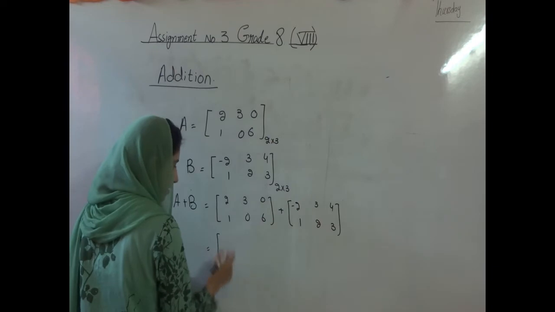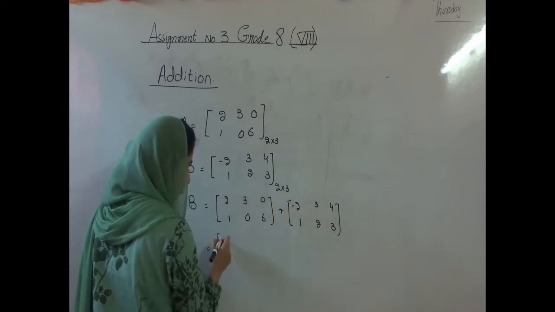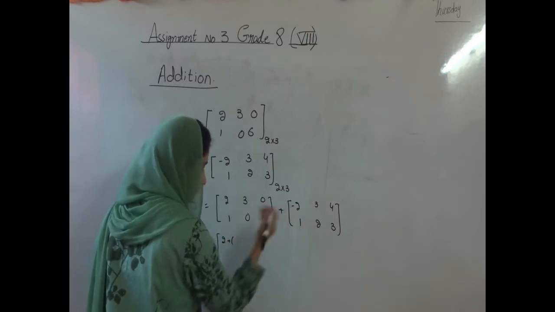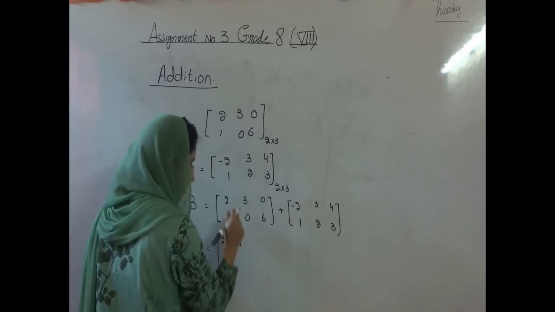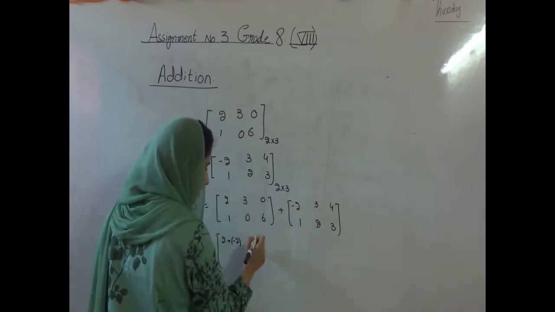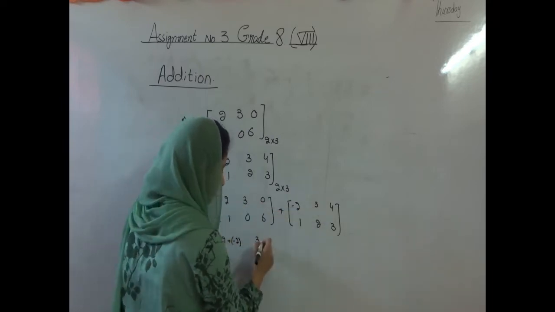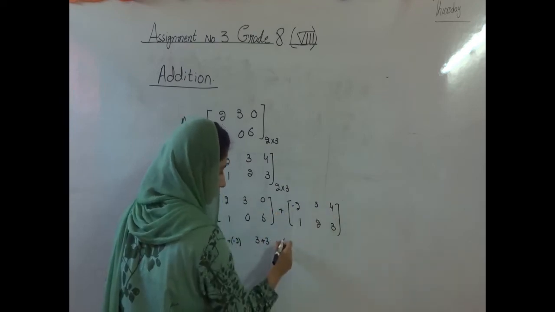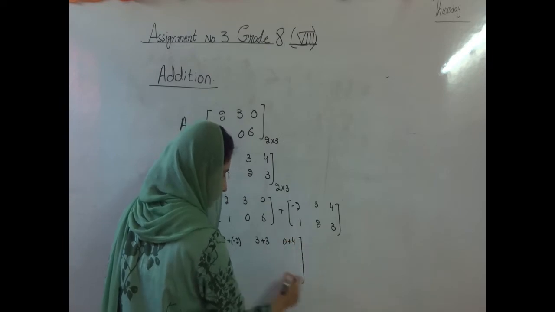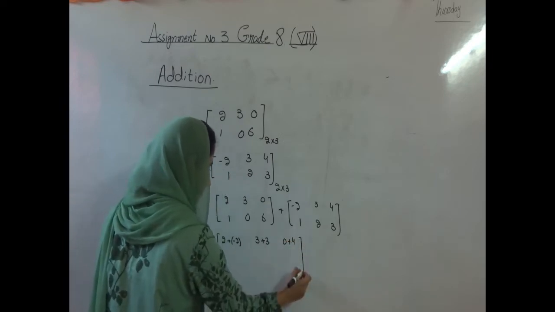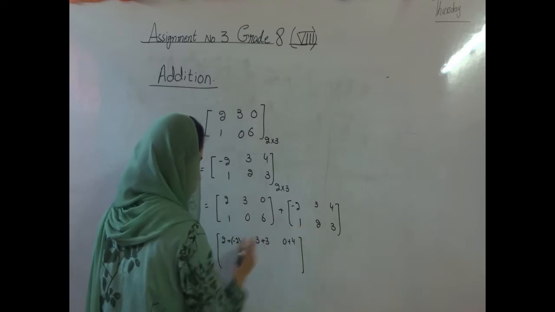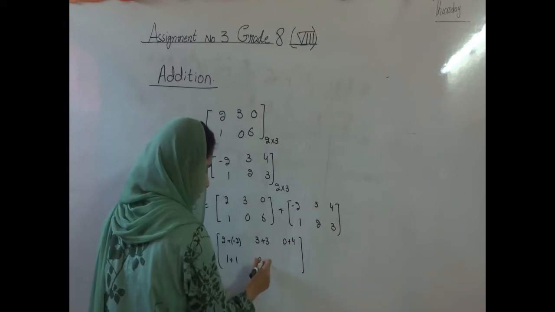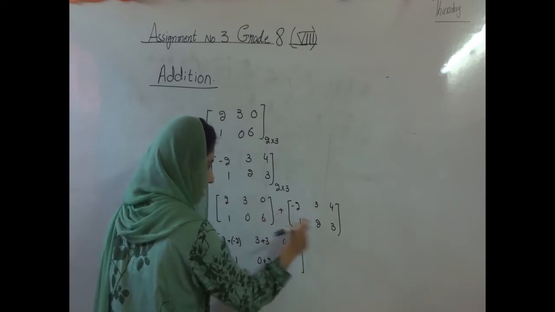Okay, 2 plus, and then write in brackets, because it already has a sign, -2, and then 3 plus 3, then 0 plus 4, 1 plus 1, 0 plus 2, 6 plus 3.